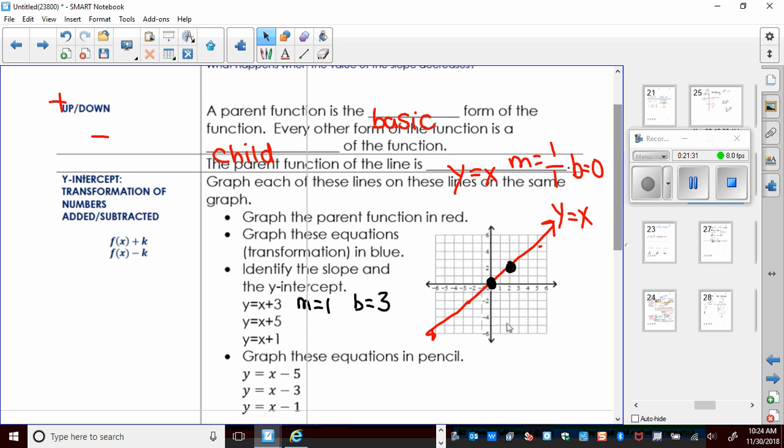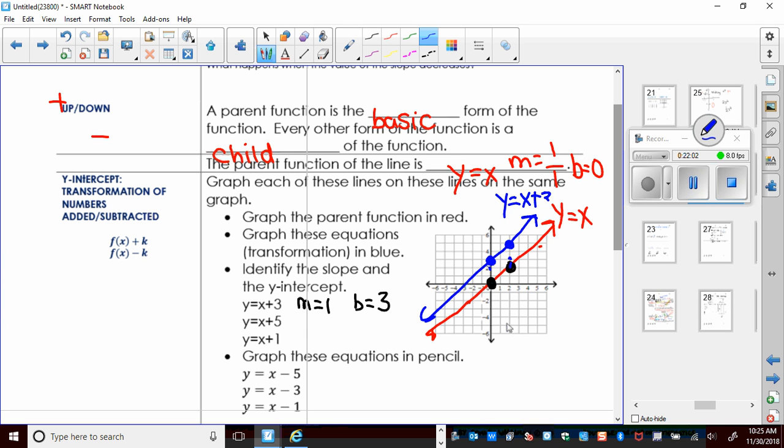The whole line shifts up 3 units. You pick two good points and shift them up 3 units. So 1, 2, and 3. Here's my y-intercept. I go to the next point on the red line. Shift up 3 units. 1, 2, 3 from the parent function. My new function is this line. It's parallel to it, but it's y equals x plus 3.